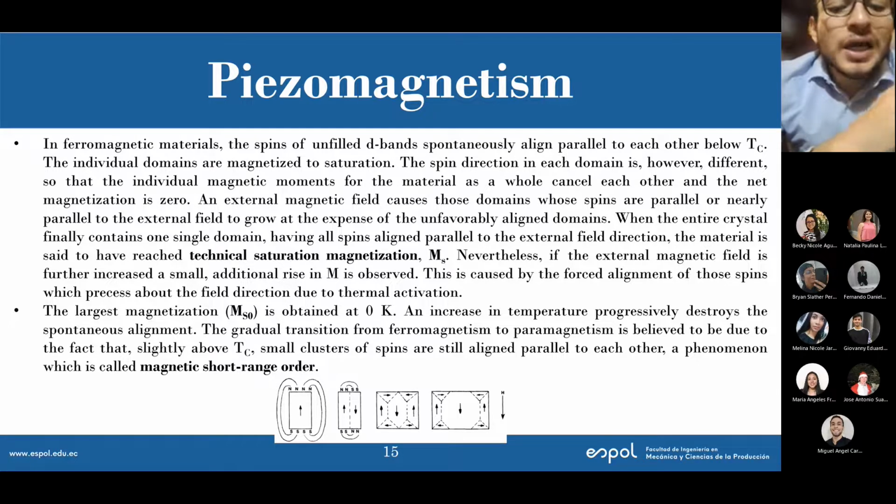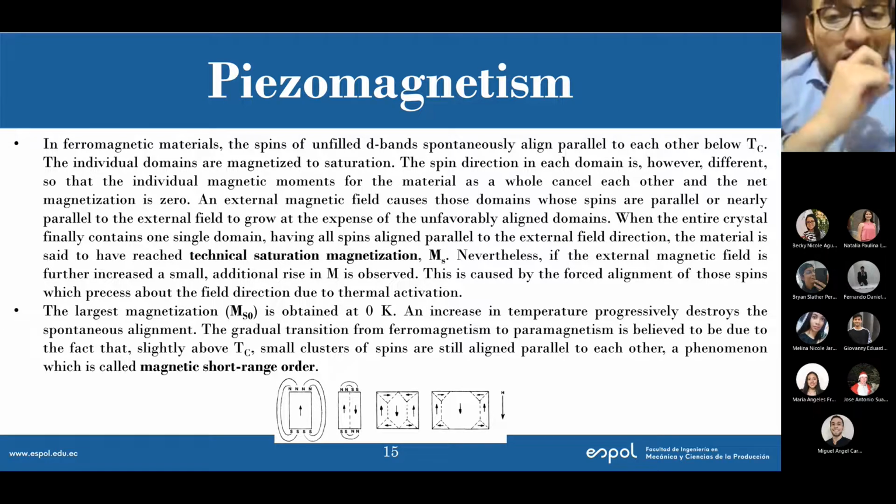So remember, I did mention that domains or magnetic domains are created inside the material, right? So those domains will basically start being magnetized until saturation is reached.